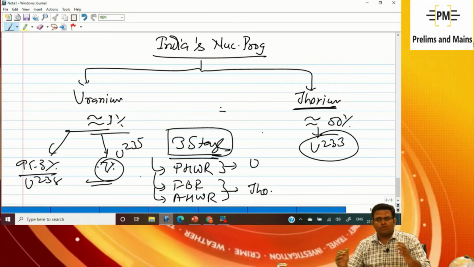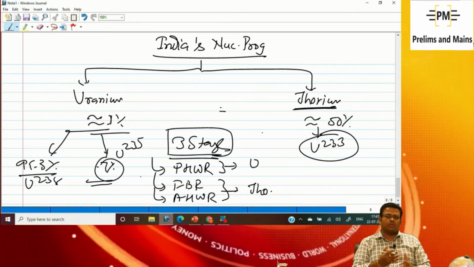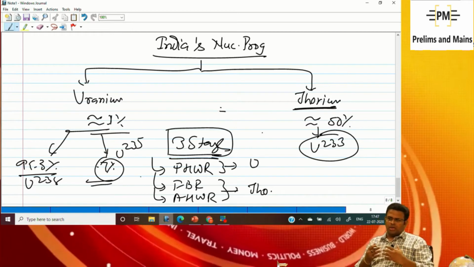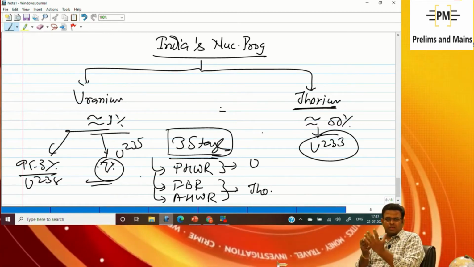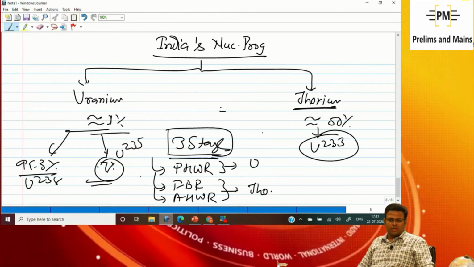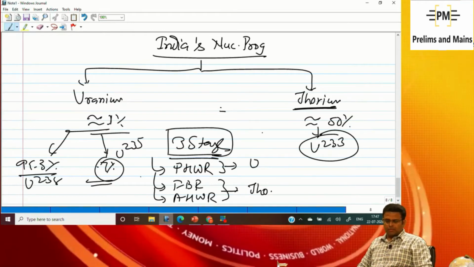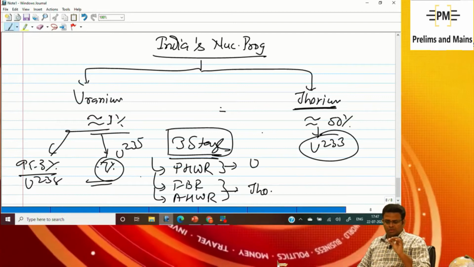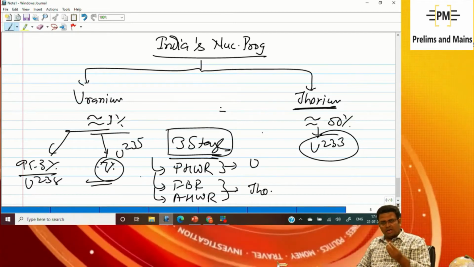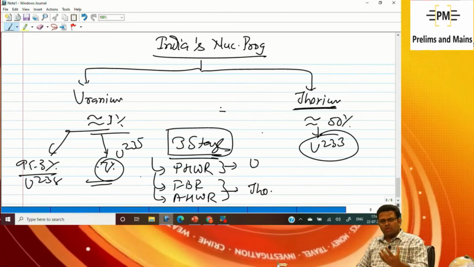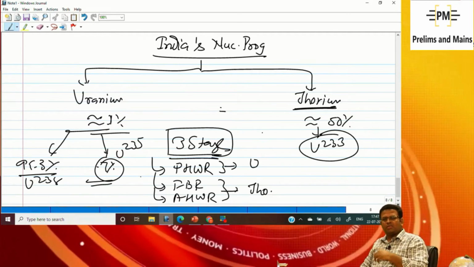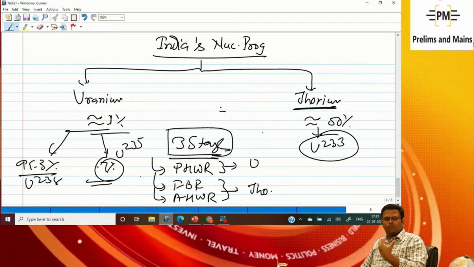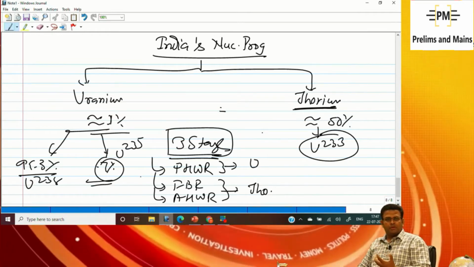So India's future is along with thorium. Therefore India started with a uranium program in the first stage, but thereafter started using thorium. It is not completely thorium, but it starts utilizing thorium in the second stage, and in the third stage it is converted to fully thorium. Clear?